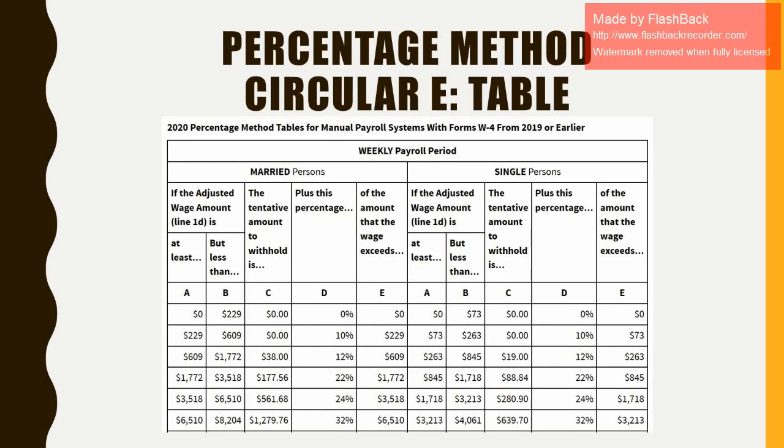In this case, you belong in the 12%. You're going to multiply the remaining money by that. And then you're going to add an additional $19, because that is how much the government is going to tax you regardless of how much money you make. So the 12% is based on any extra money that you've made.